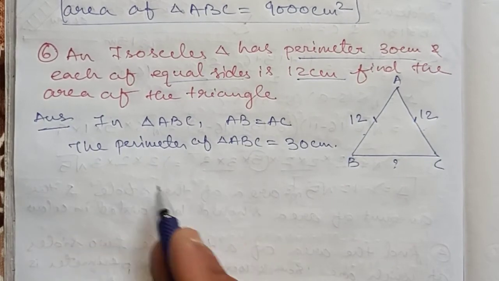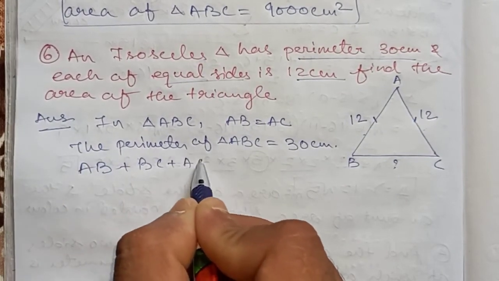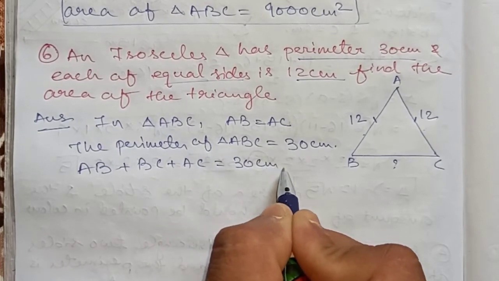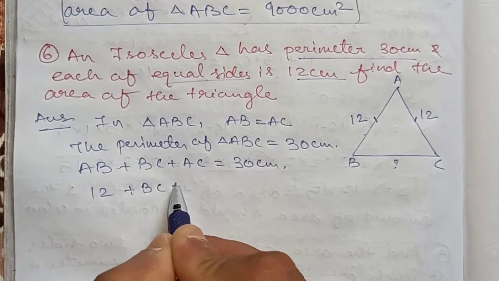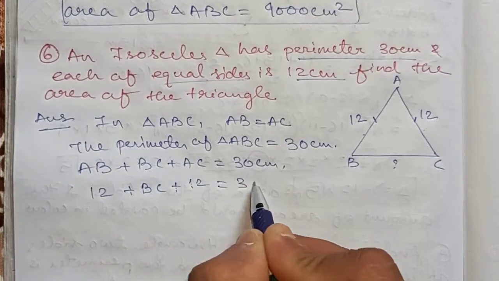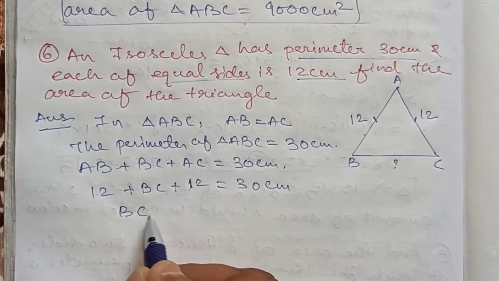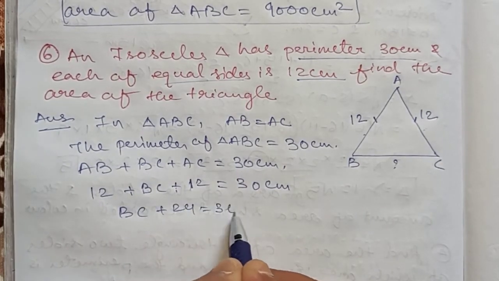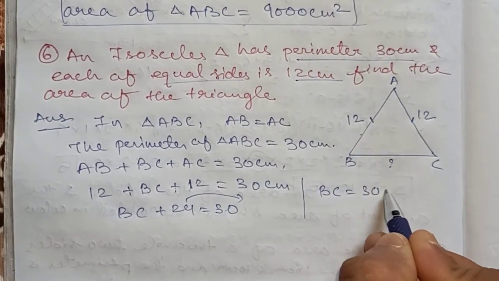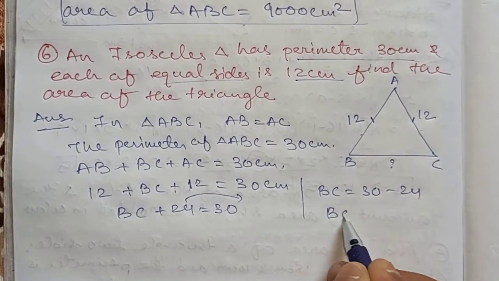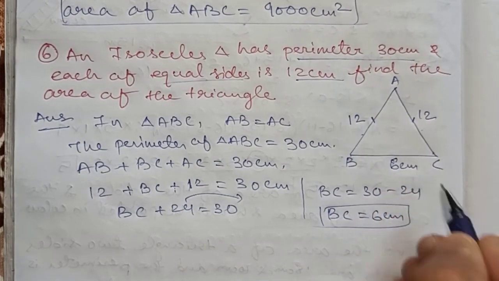What is the perimeter formula? Perimeter is the sum of all sides, that is AB plus BC plus AC equals 30 centimeter. AB is 12, BC we don't have, AC is 12. 12 plus 12 is 24, BC plus 24 is 30, bring 24 this side, BC equals 30 minus 24, BC equals 6 centimeter. That means the third side is 6 centimeter.